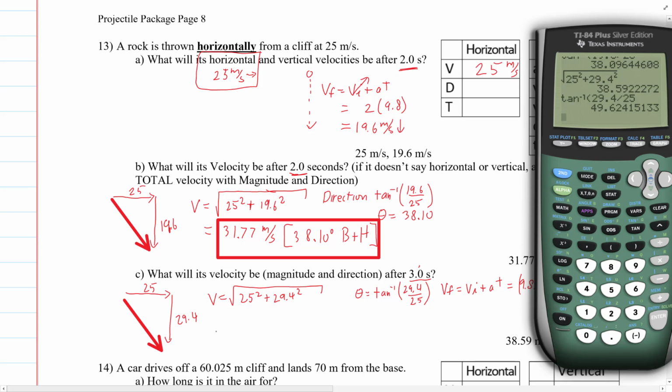So our vector velocity, not the horizontal, not the vertical, but the total, is going to be 38.59 meters per second. And the angle is 49.62 degrees BTH.